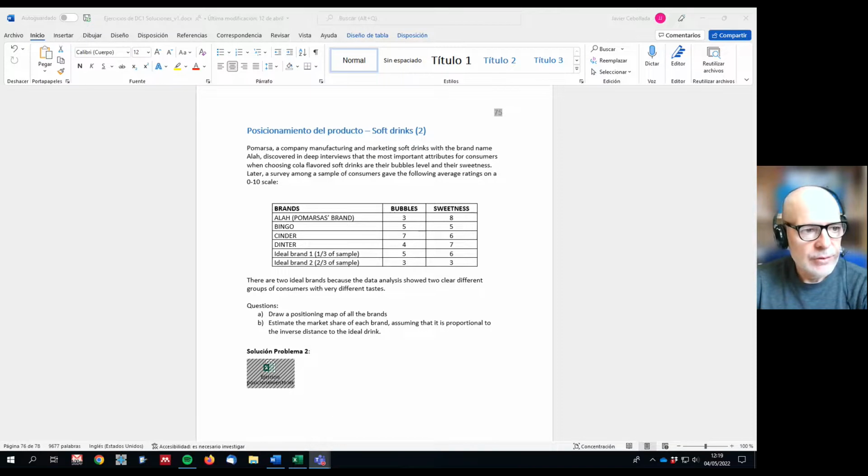Okay, so now I'm going to explain the solution with an Excel sheet. So let me see, because I want to share another screen.